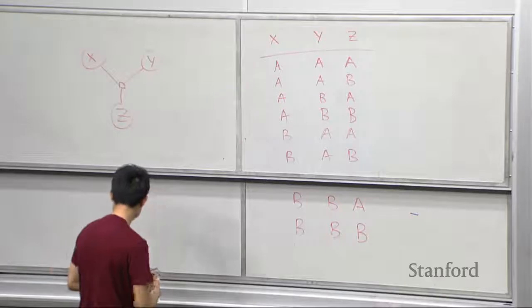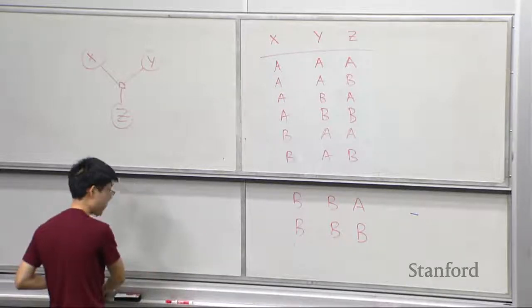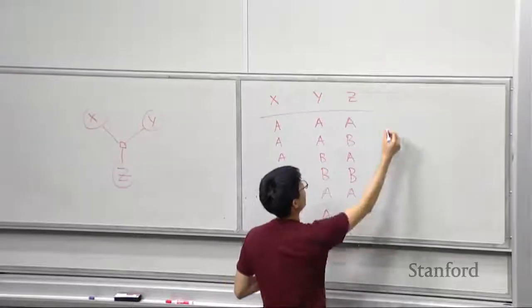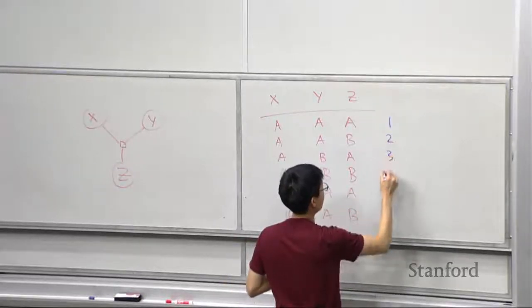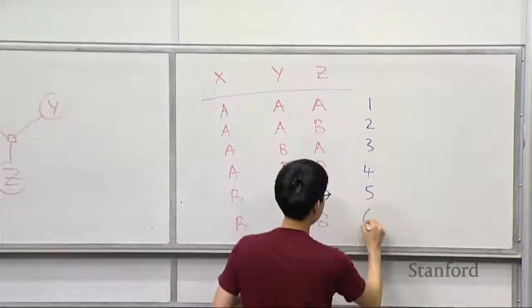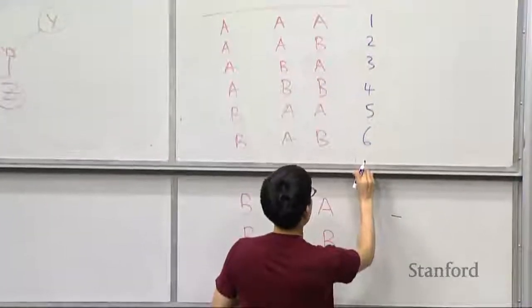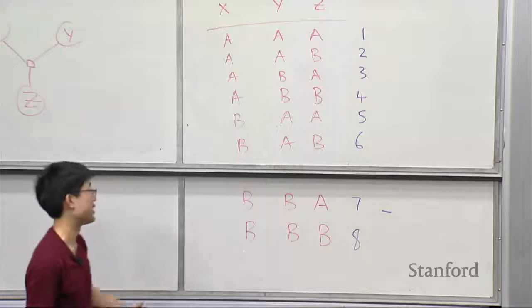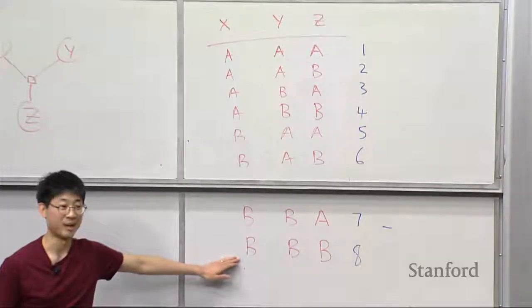And let me just assign some scores to it. So just to keep this simple, we'll say that the factor weights are 1, 2, 3, 4, 5, 6, 7, 8. So it's pretty obvious here that the best configuration is the bottom one, just because of the way that I've done it.